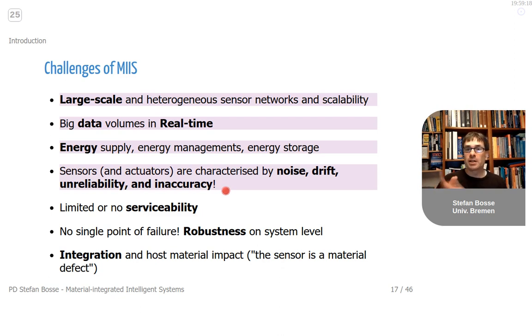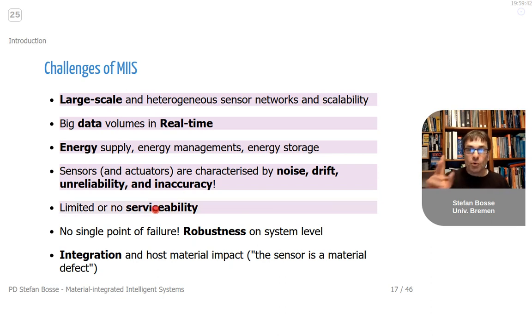Sensors and actuators are characterized by noise, drift, unreliability, and inaccuracy. It's very important: it's not a laboratory measuring system. In your smartphone, a sensor costs about $1, and it has noise, it has drift. It's more or less unreliable, and very inaccurate.